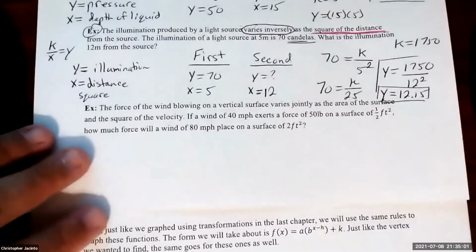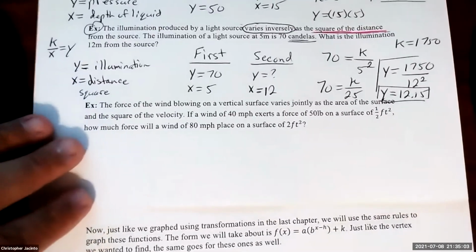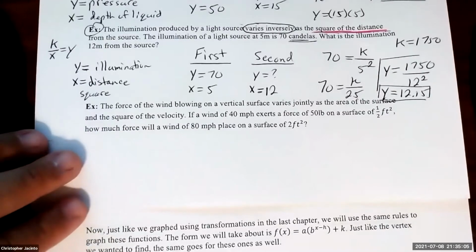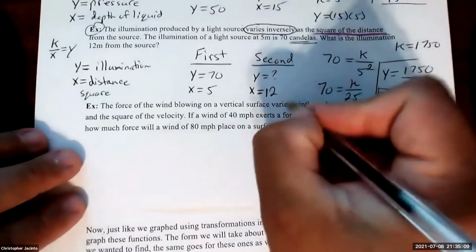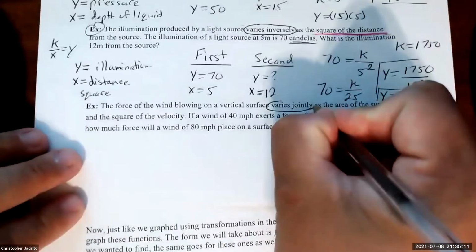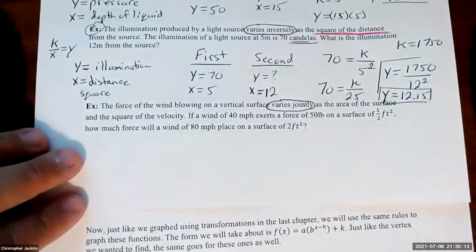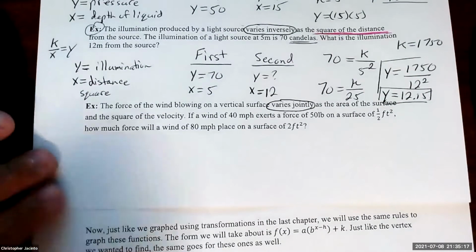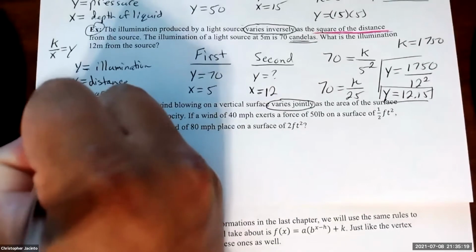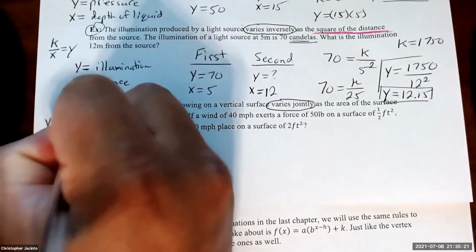So this is the most difficult of the three so far. It says the force of the wind blowing on a vertical surface varies jointly, all right? So it's going to be a combination of the area of the surface and the square of the velocity. So jointly means this, from the first one.